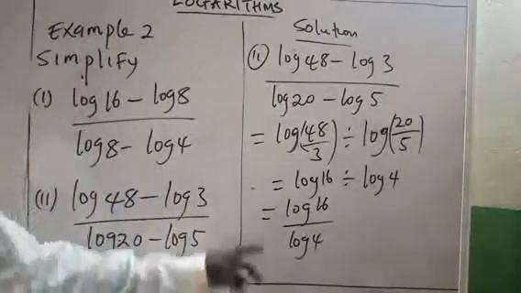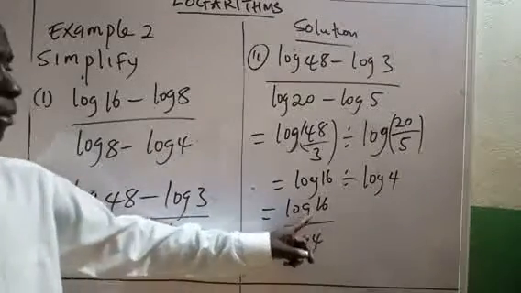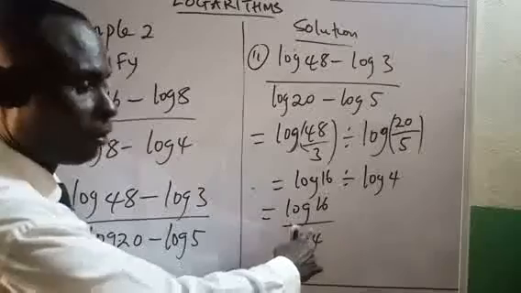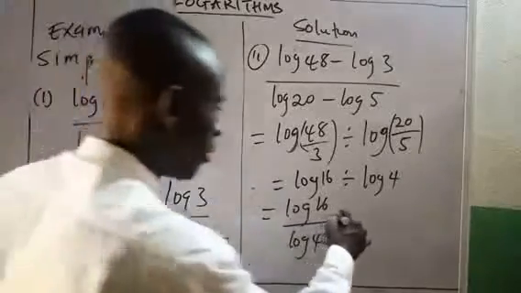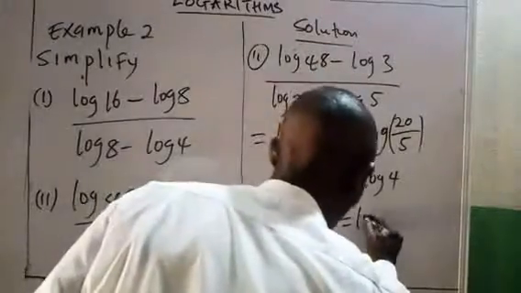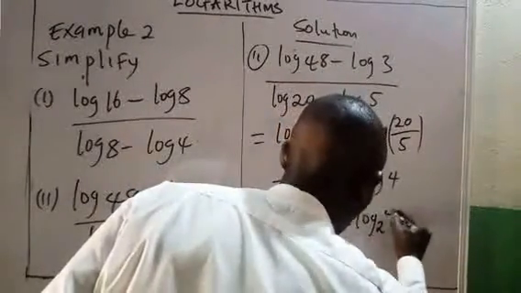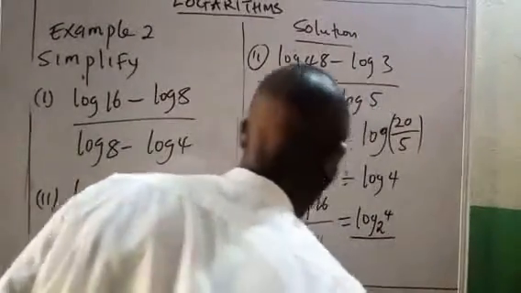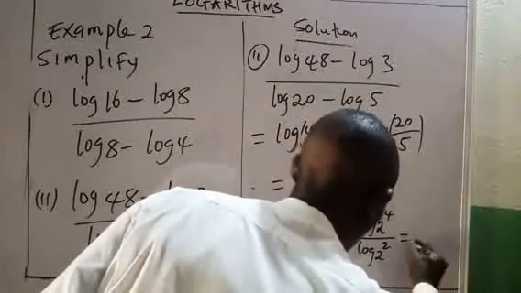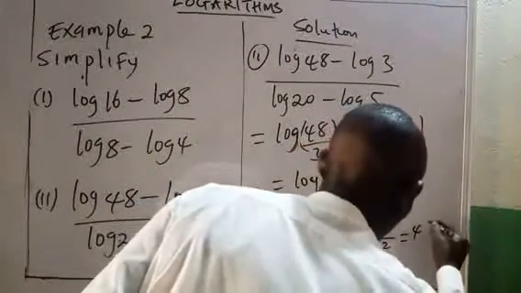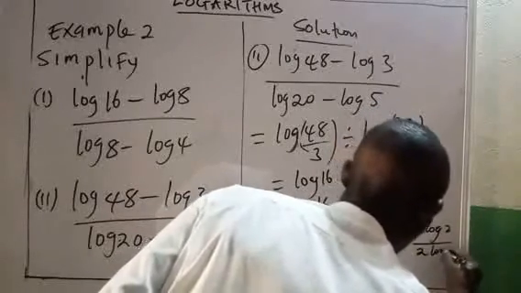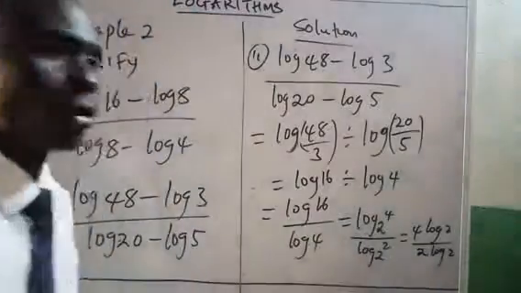Now you cannot divide directly. It must be on a common log before you can divide directly. You can't divide this directly. So this will be equal to log 2 raised to the power of 4 over log 2 raised to the power of 2, which is 4 log 2 over 2 log 2 according to the third law.